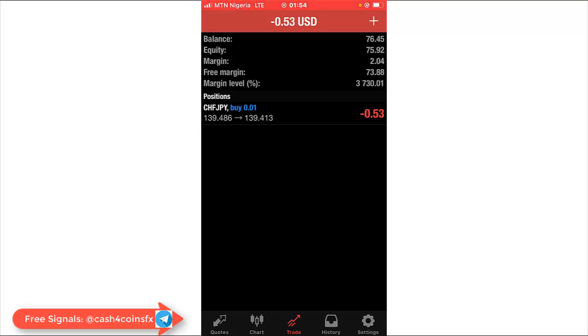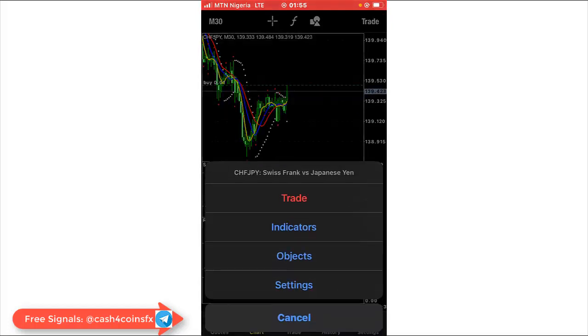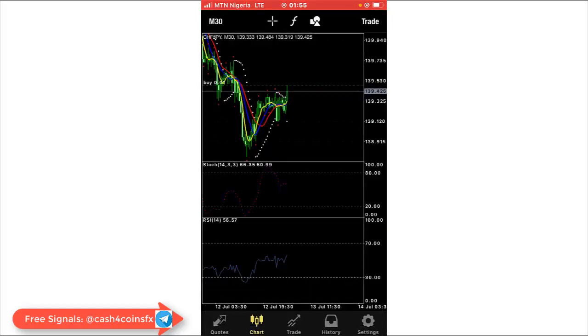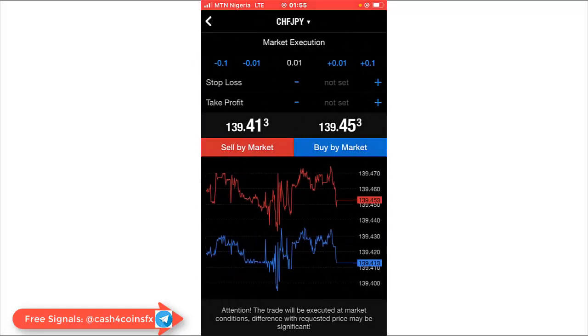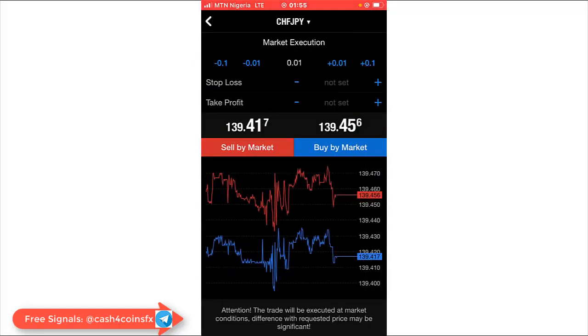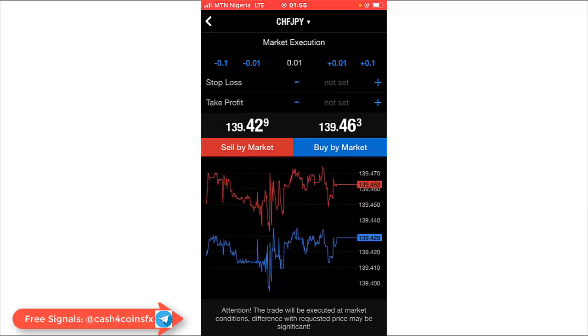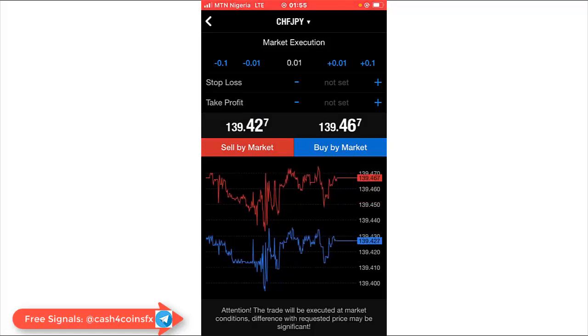That is manually. If you want to set up take profit and stop loss, that is another case. So if we do it again, clicking here and then clicking on trade, if you want to apply stop loss and take profit immediately, instead of clicking it without applying it, you just click on what?